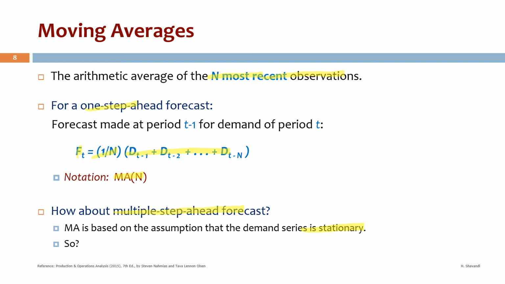Since it's based on the stationary assumption, the mean is constant over time. So the forecast of multiple steps ahead and one step ahead in moving average is exactly the same.